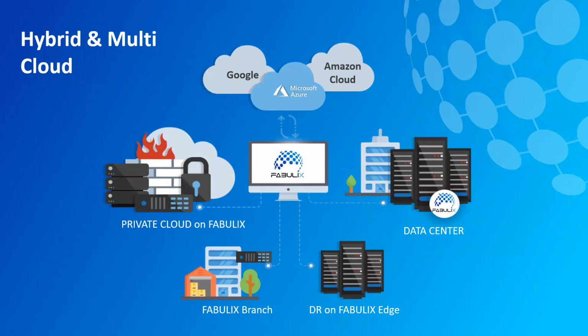And by default, if you buy Fabulix, that automatically creates your private cloud. Which means that you have a separate browser-based portal where you can log in and create a VM, as in Azure.